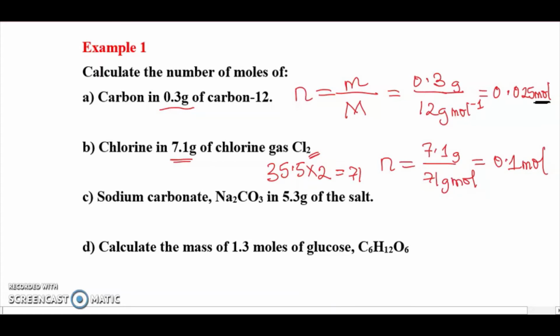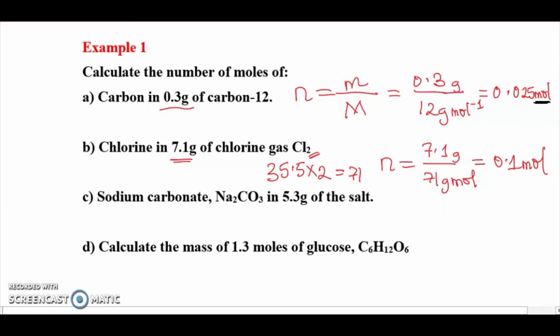We have sodium carbonate. So we want to calculate the number of moles of sodium carbonate in 5.3 grams of the salt. How do we do it? The first thing we need to do here is to calculate the molar mass of sodium carbonate. Now, if you have difficulties calculating molar mass, make sure you check out the video I did on calculating relative formula masses of compounds.